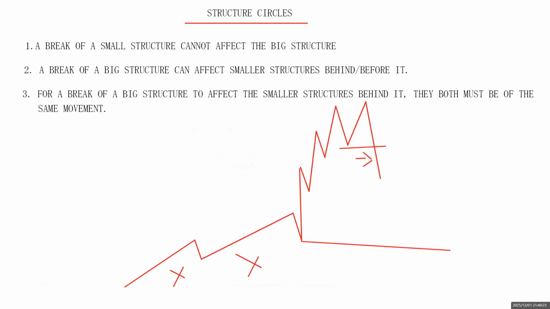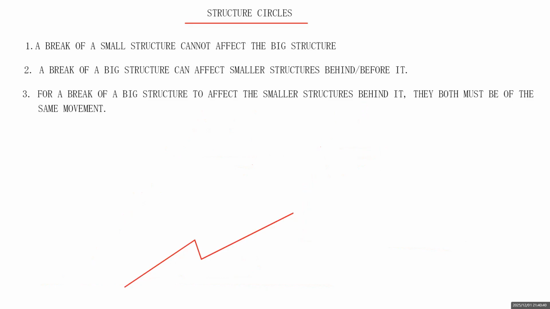Okay, so now one of the other important things about structure circles, right, is that structure circles can be read by the length of their exhaustion. So let's take all of this off and let's talk about the length of their exhaustion.